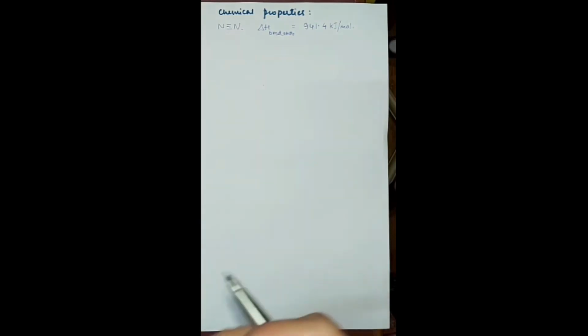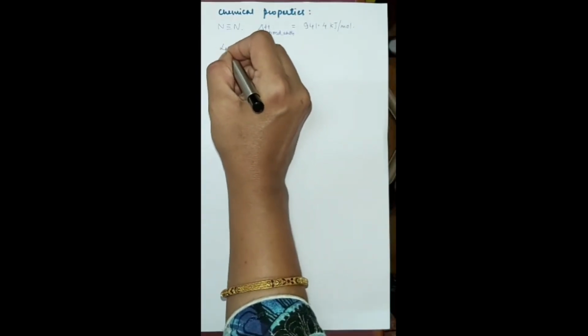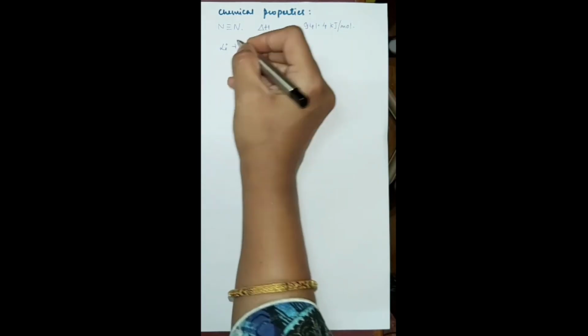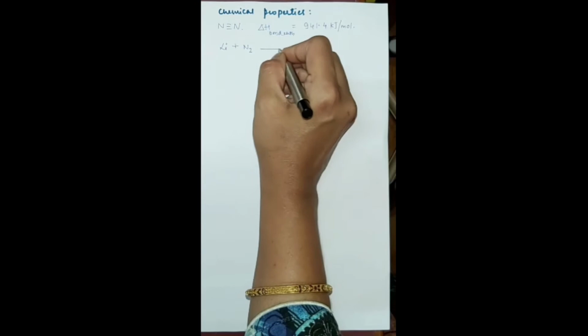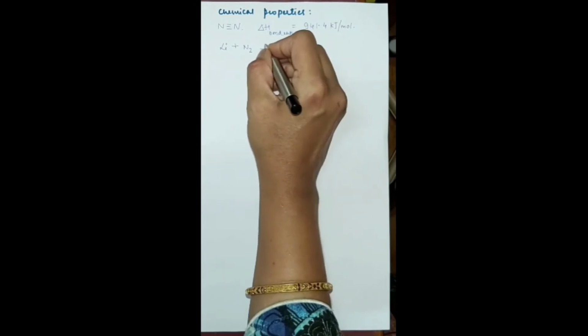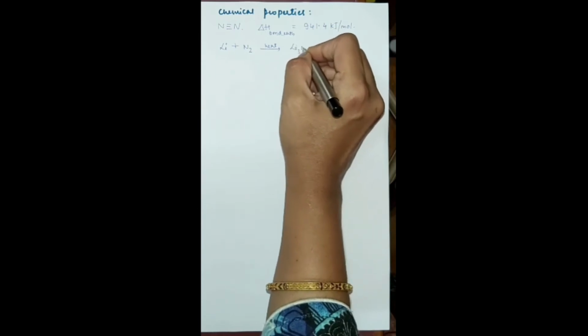But when we increase the temperature, the bond becomes weak and nitrogen becomes active and starts reacting. First we'll see the reaction with metals. Nitrogen with lithium metal, after heating, forms lithium nitride.